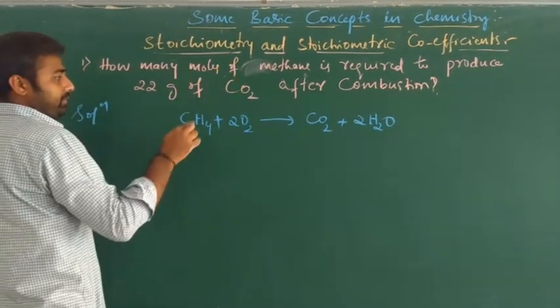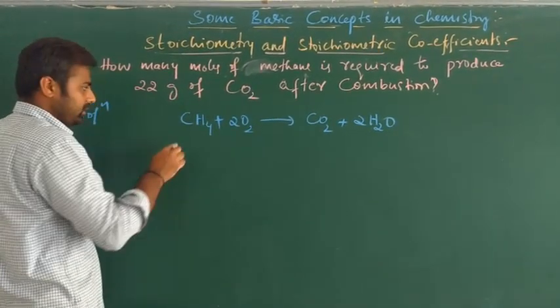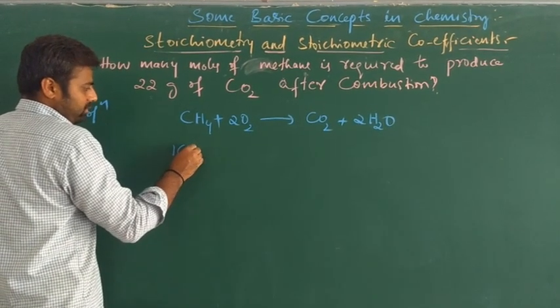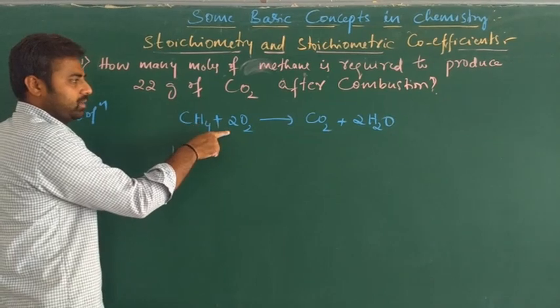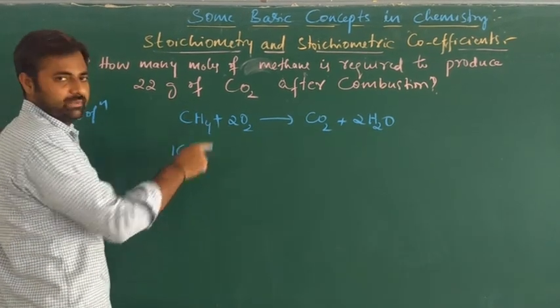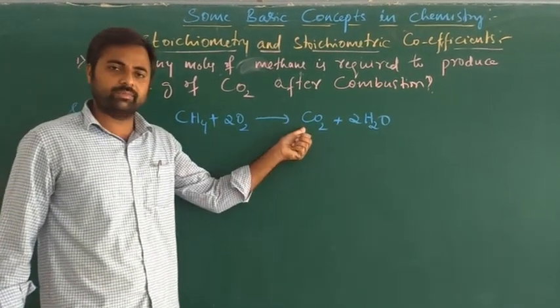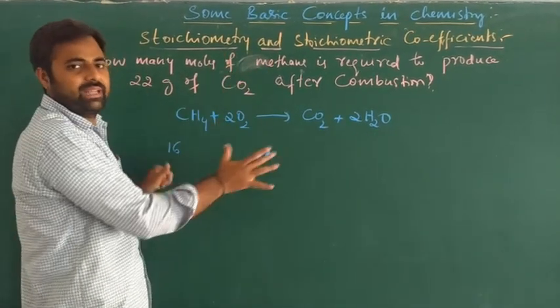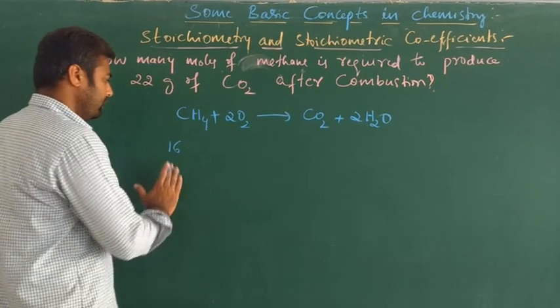From the given data, from this equation, you can easily say that 16 gram of methane reacts with 64 grams of oxygen, gives 44 grams of carbon dioxide and 36 grams of water. By just calculating the molecular mass, you can easily say that, right?